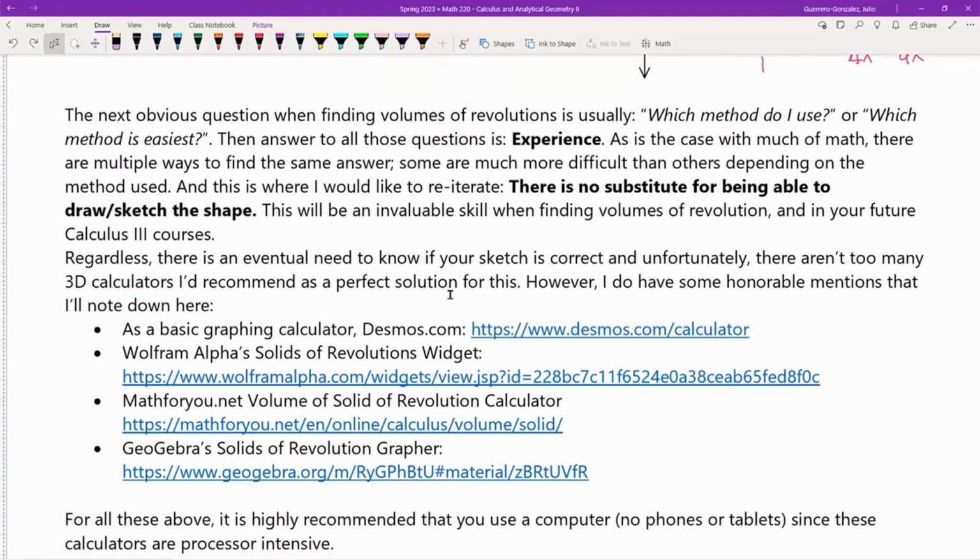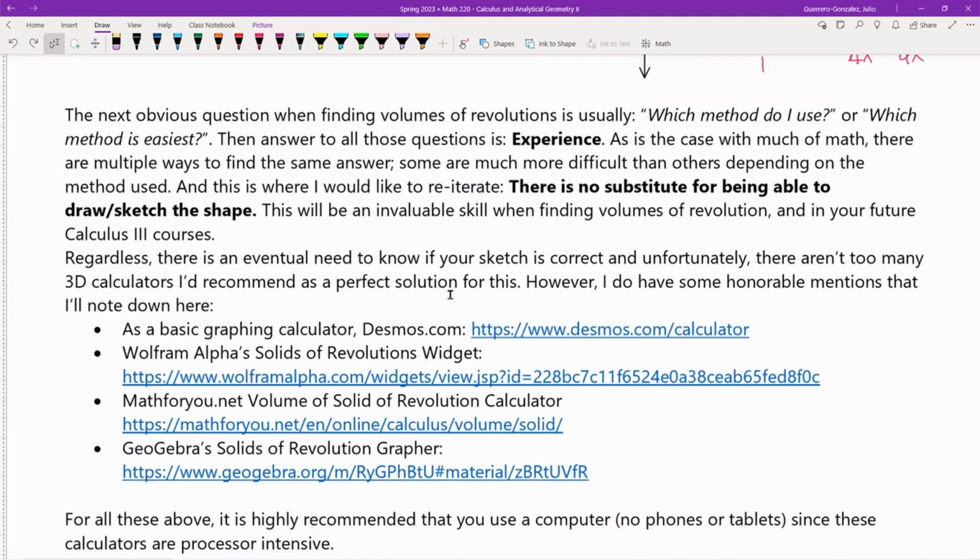Which method is best, and how do I know if I'm sketching this correctly? Just experience. As I pointed out before, you can use any one of the methods to solve for the volume of a shape.